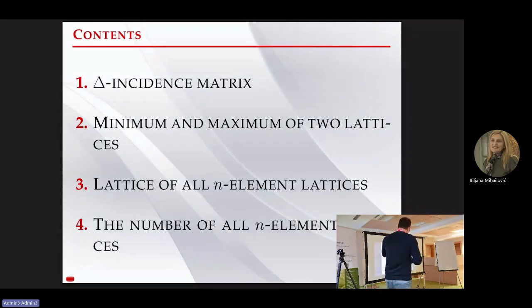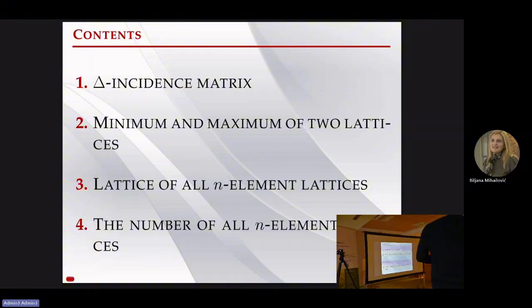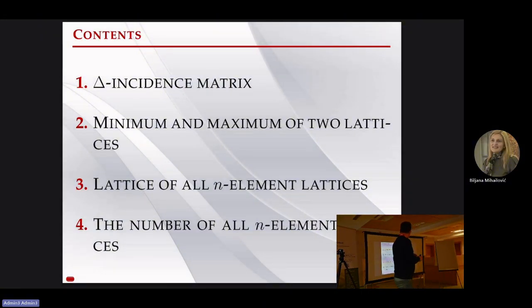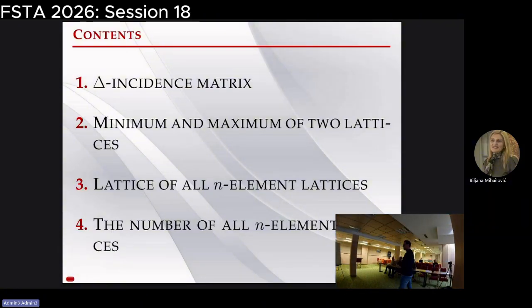So my presentation is divided into 4 parts, from the definition of the delta incidence matrix to the number of all n-element lattices. In between, we ask questions about the minimum and maximum of 2 lattices. In other words, aggregating 2 finite lattices, and the lattice of all n-element lattices.